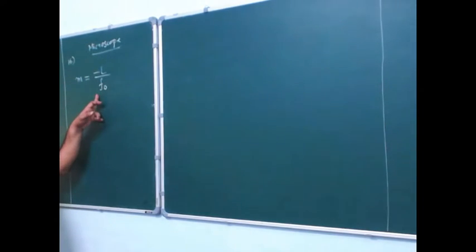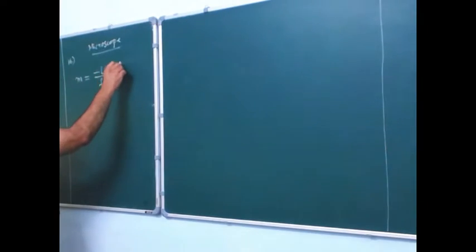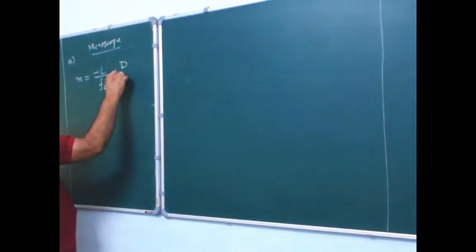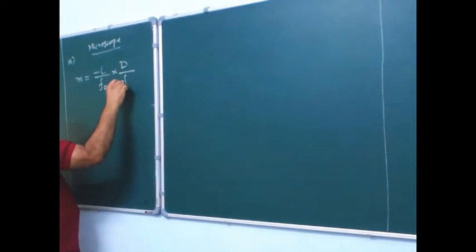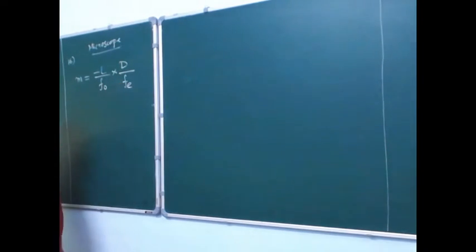F is the focal length, and O stands for objective lens. So the focal length of the objective lens into the least distance of distinct vision, that is the near point, represented as D here, divided by FE. E stands for the eyepiece, so the focal length of the eyepiece. Do you understand? Right. Then next.